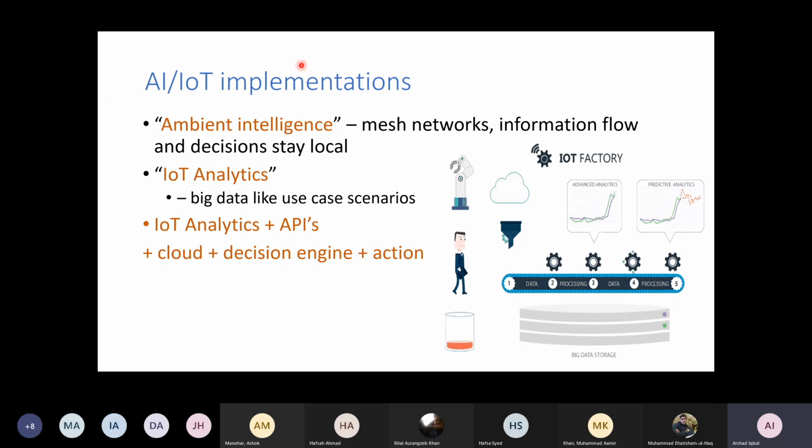If you could see this figure, there is an IoT-based system where data is processed and the information is stored in big data storage. The stored information is then analyzed and advanced analytics is generated. Predictive analytics is also provided, based on which decisions are taken keeping the future in perspective.